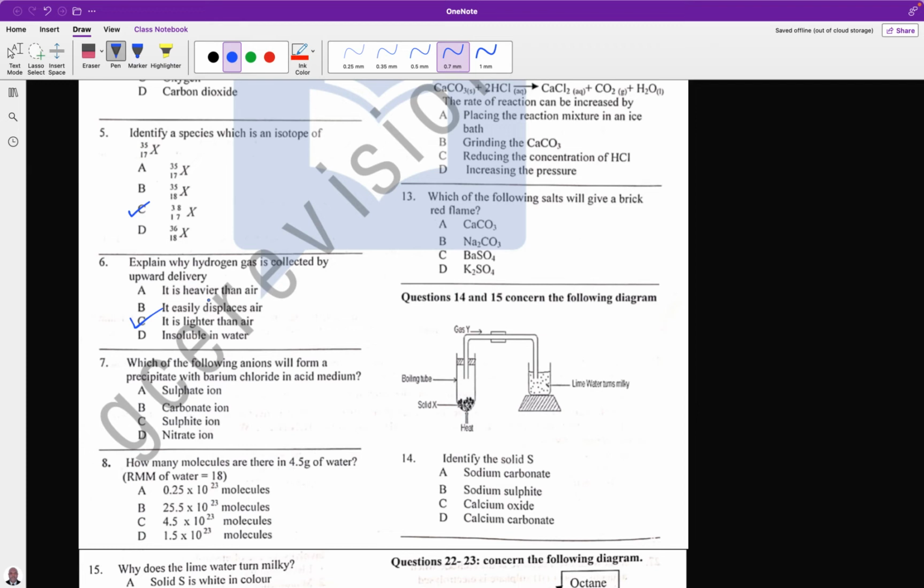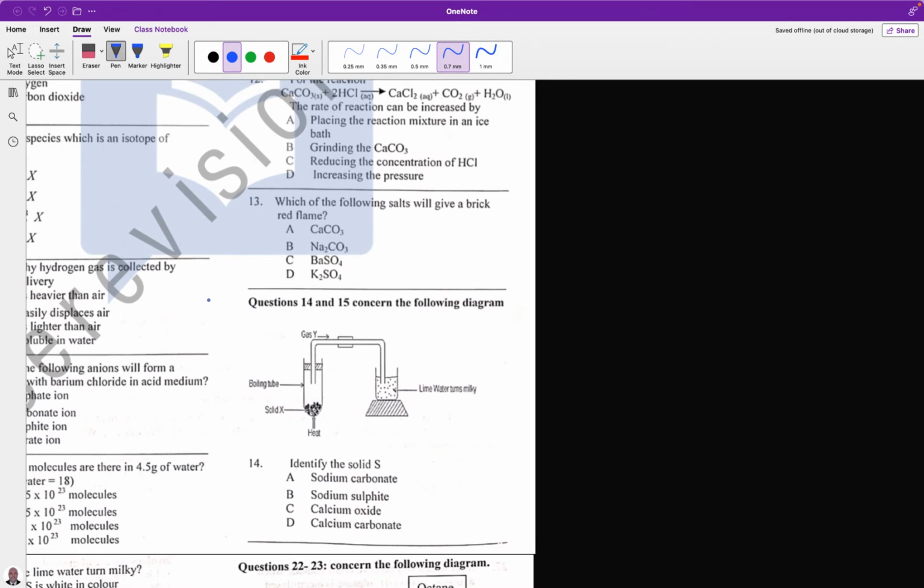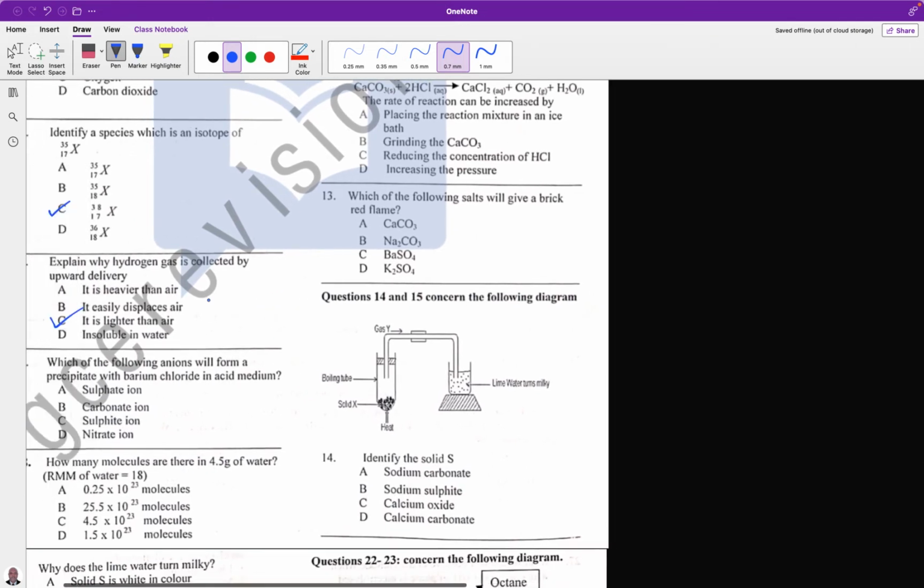Which of the following anions will form a precipitate with barium chloride in acid medium? In acid medium, the only anion that can form a precipitate with barium chloride is sodium sulfate.